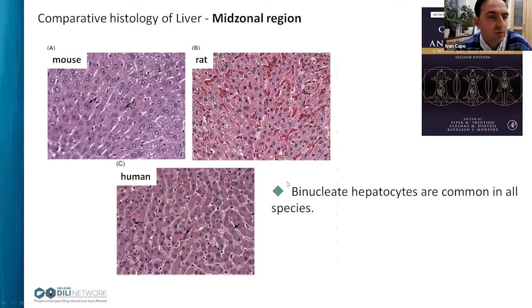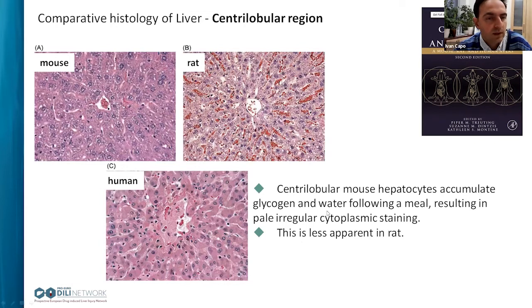analysis. If we look at the hepatocytes, the finding of binucleated hepatocytes is frequent in all these species, and normally we can find binucleated hepatocytes. The glycogen is very abundant in the mouse, and it is very important; we will see in future slides the reaction in the acetaminophen animal model.